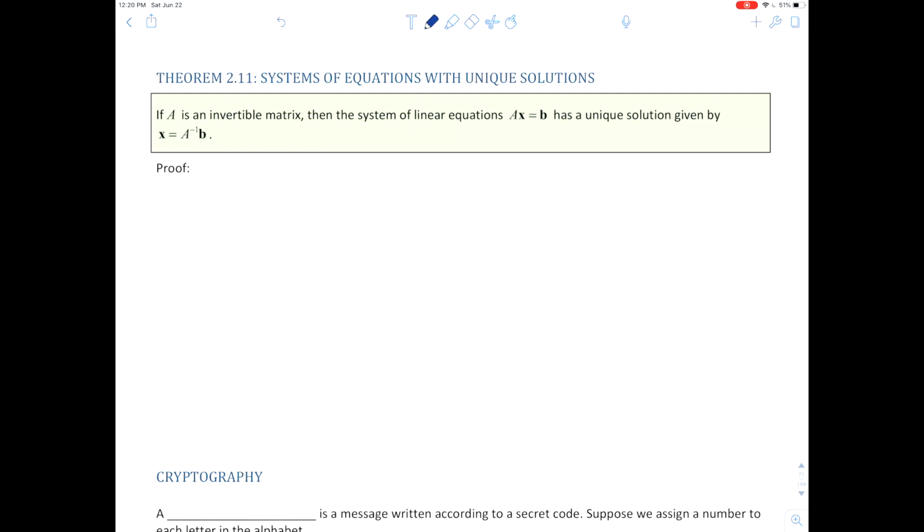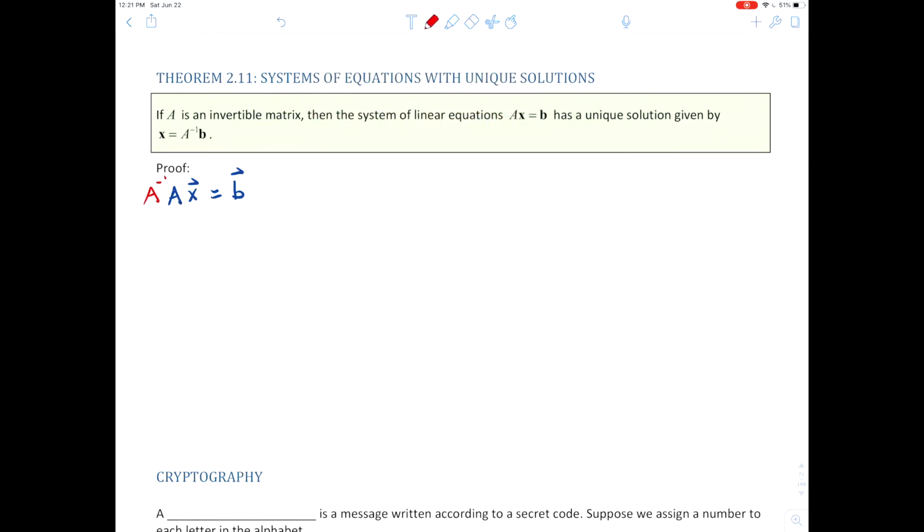Everything has been defined. So let's start out with A times the column matrix X is equal to the column matrix B. In our premise, we know that A is an invertible matrix. So what can we do with that? Beautiful.